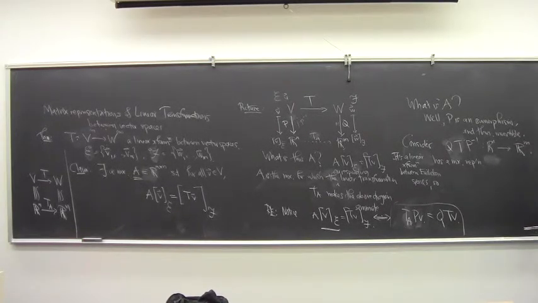How do you find a matrix representation of something from one Euclidean space to another? Is it T sub A? It will be T sub A, yeah. But what's A? How do we figure out what A is? Do you use the thing in the box? Think back to what we did right before this.